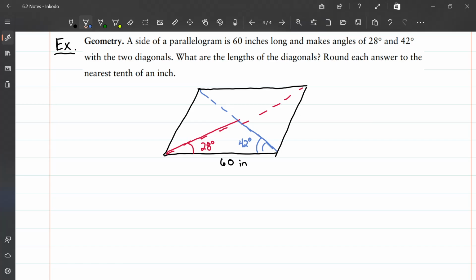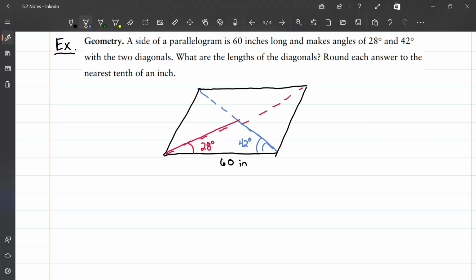And, moreover, it is one that law of sines applies to. See, I have angle, side, angle information. That means that part of my information for, say, the red side is going to be contained right here in this triangle that I've drawn. Part of it is here. Similarly, part of the blue diagonal has its length given here.